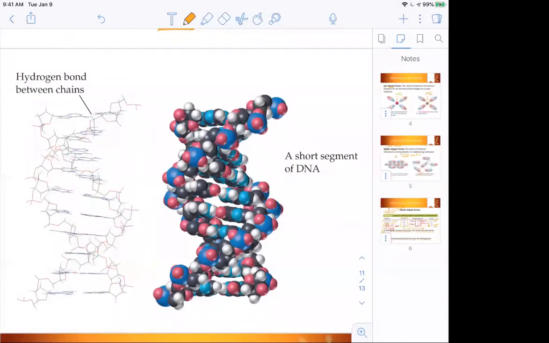Breaking the hydrogen bonds requires energy, but a hydrogen bond isn't nearly as strong as an actual chemical bond like a covalent bond. So this is perfectly suited for what the DNA has to do. The hydrogen bonding between these nitrogenous bases is strong enough to keep everything together, but weak enough that it can unzip and allow replication to occur.